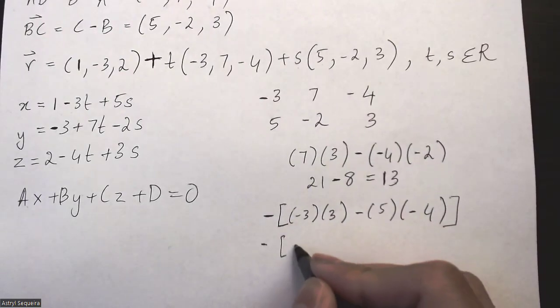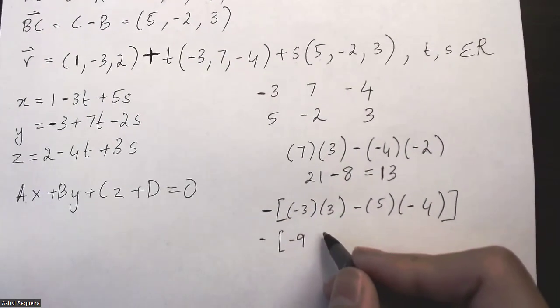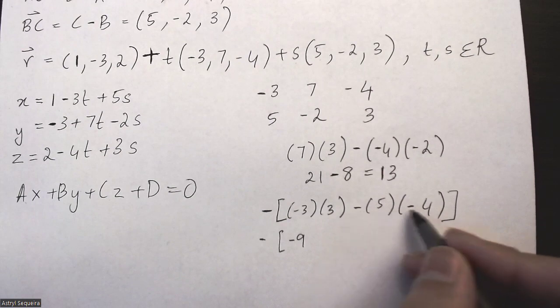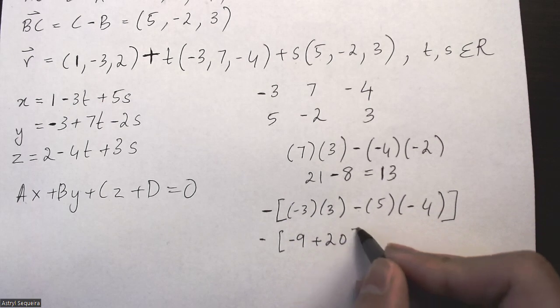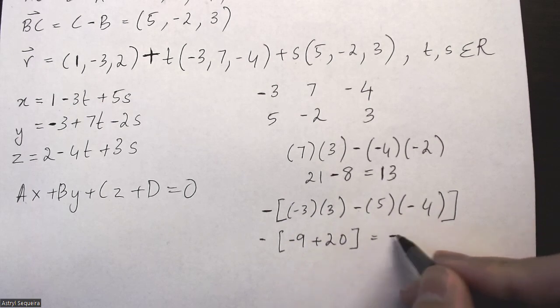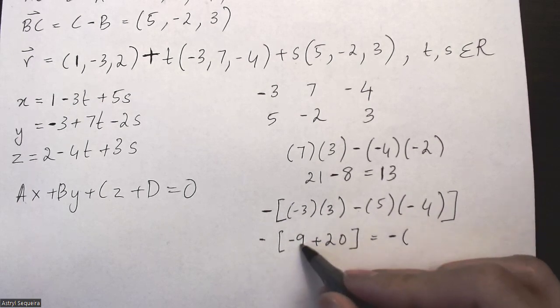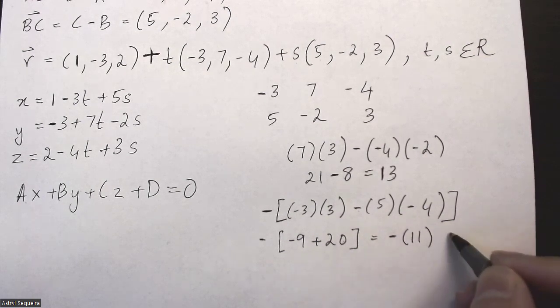That's just -9. 5 times -4 is -20, times negative is +20, which is just -9 plus 20 is +11.